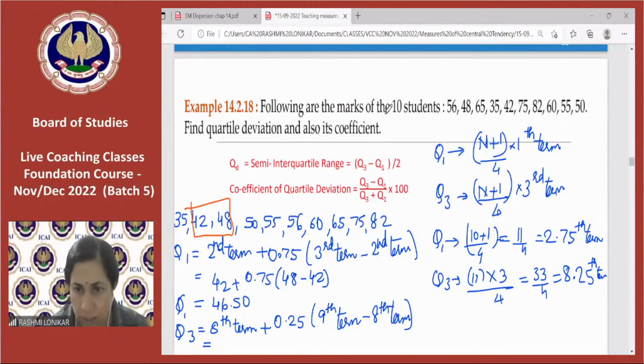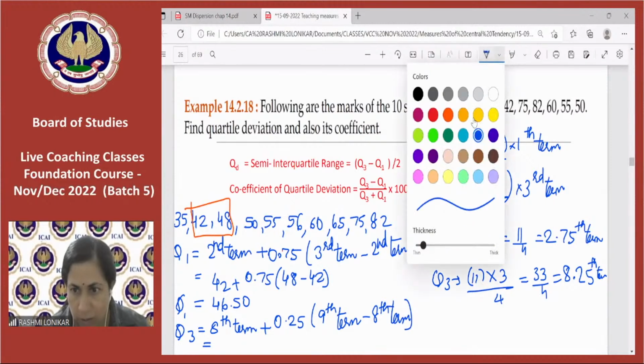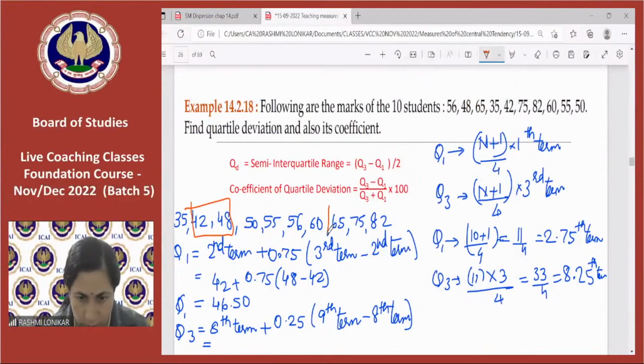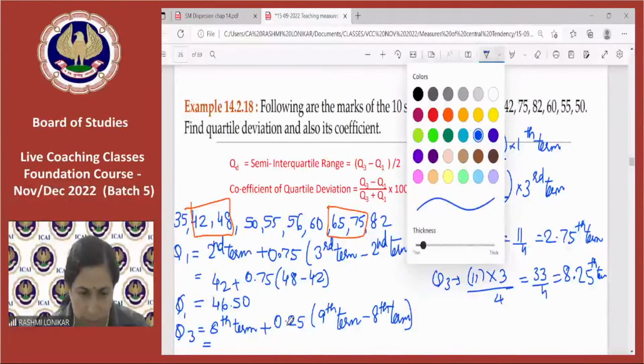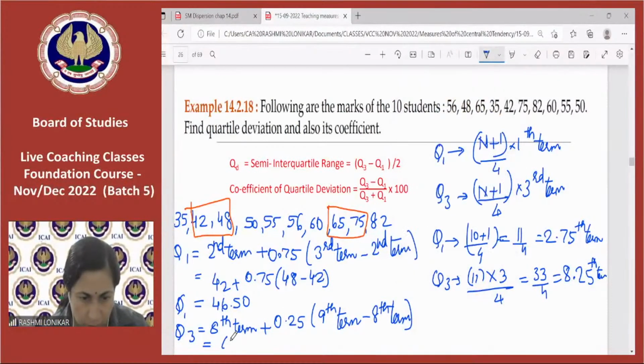Let us see the 8th and 9th term. 1, 2, 3, 4, 5, 6, 7, 8. So the 8th term is 65 plus 0.25 into (75 minus 65). That is 2.5. So this is 67.5.